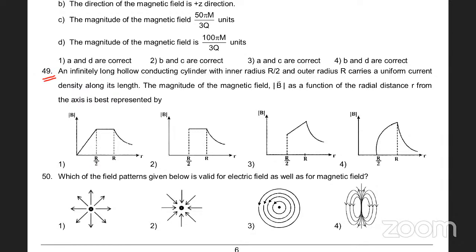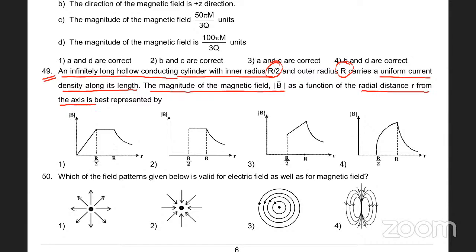So, an infinitely long hollow conducting cylinder of inner radius R by 2 and outer radius R carries a uniform current density along its length. You have to find how the magnetic field varies with radial distance from the axis.